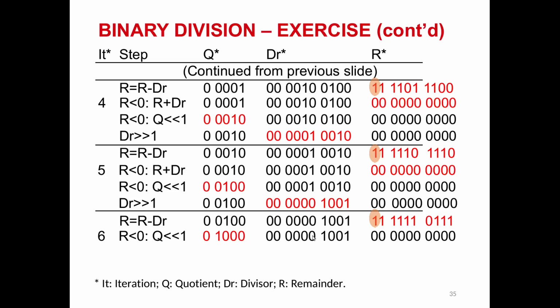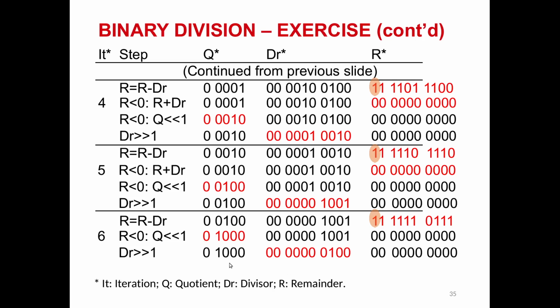I forgot to write that line here, but here we already reverted it back to the previous value, and we need to shift Q one bit to the left with the least significant bit replaced by 0, and so Q will be 0 1 0 0 0, and then dr must shift one bit to the right, and it changes from 0 0 0 0 0 0 1 0 0 1 into 0 0 0 0 0 0 0 1 0 0, and here is the last iteration.